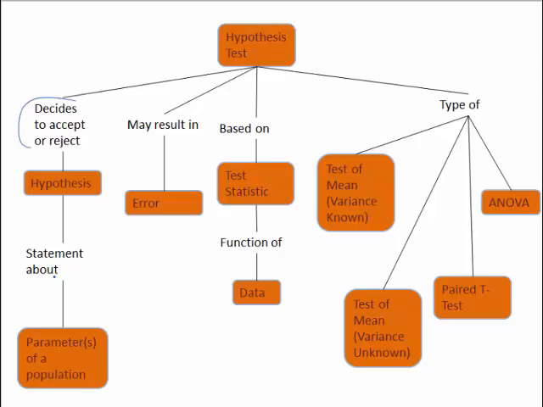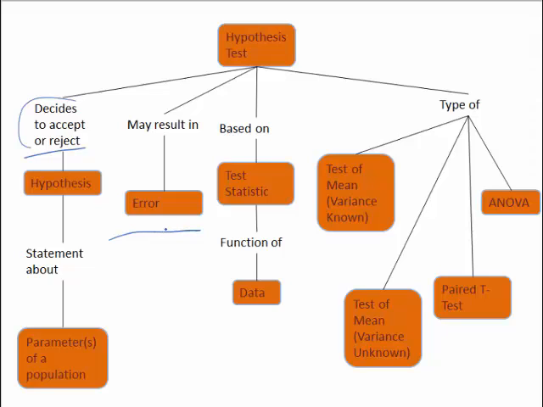Because the data we use has variability, our decision to reject or accept that hypothesis could in certain cases be incorrect, and we would call that error. So in hypothesis testing, we decide to reject or accept the hypothesis by assuming a certain level of risk for making error.